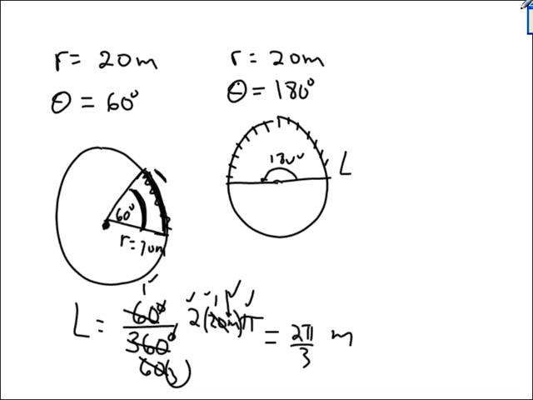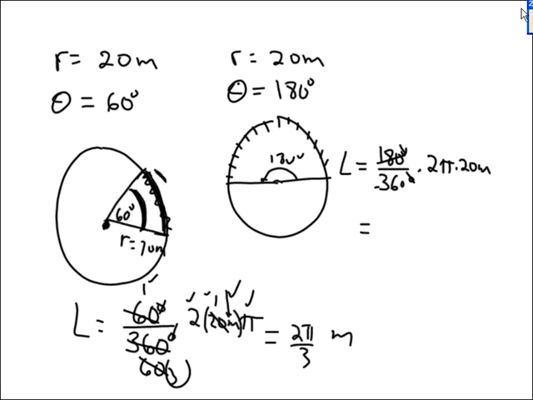Well, that length is going to be the inscribed angle, the central angle, divided by 360 degrees. The degrees cancel out, times the circumference of the whole circle, which is 2 times pi times R, which is 20 meters.